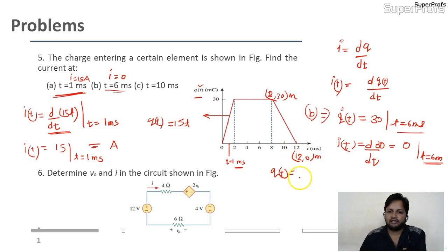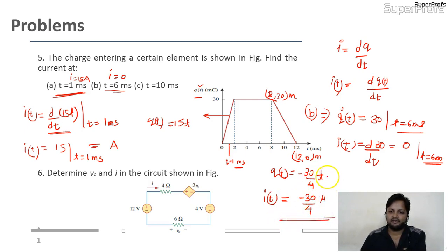So what is the negative slope over here? 30 divided by 4, so minus 30 divided by 4. This is your charge given here in this region. So the current in this region is nothing but minus 30 by 4 ampere.